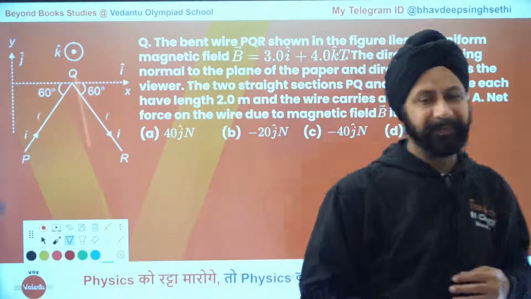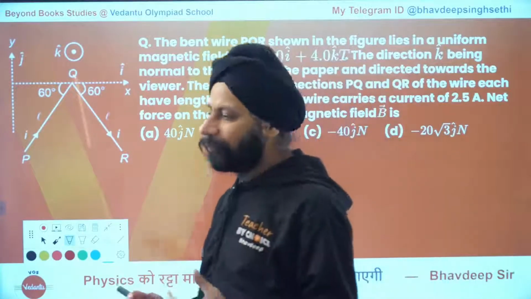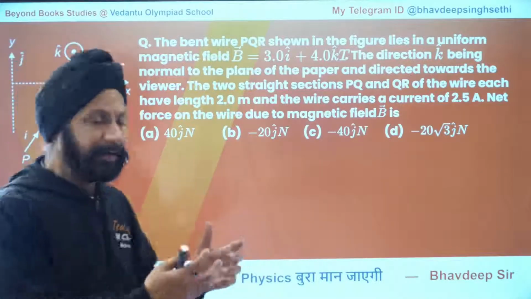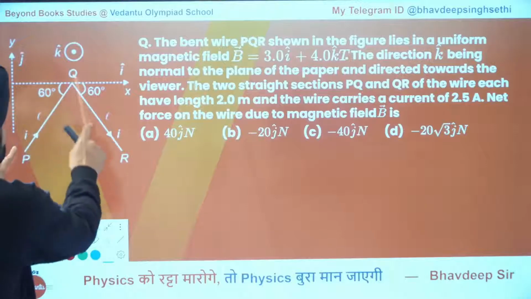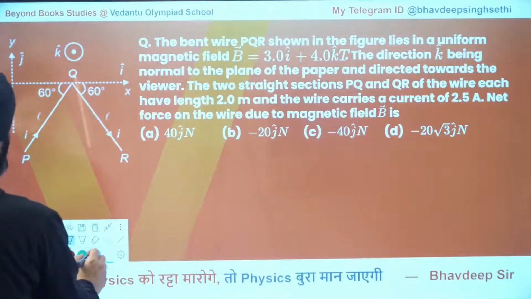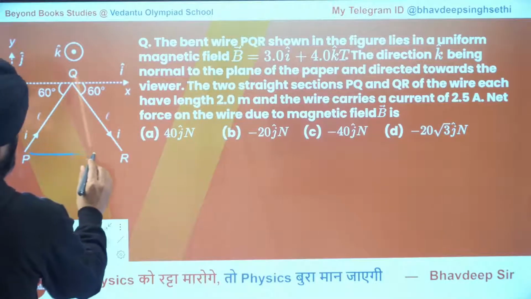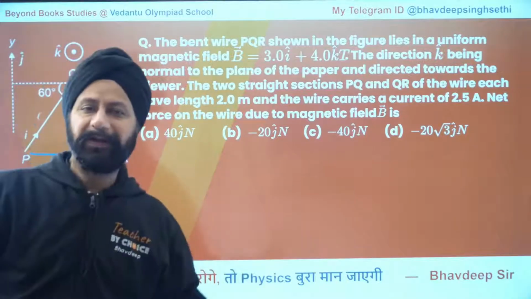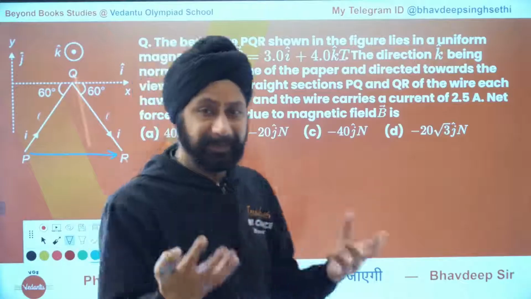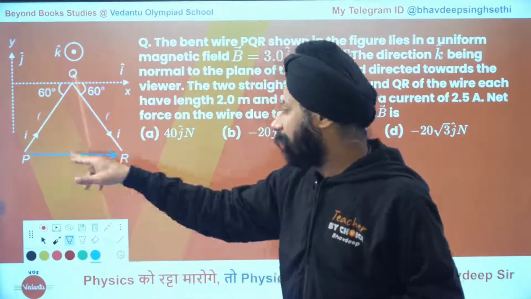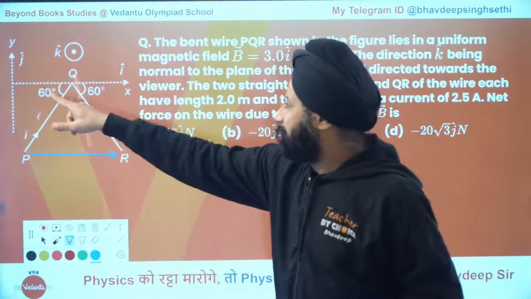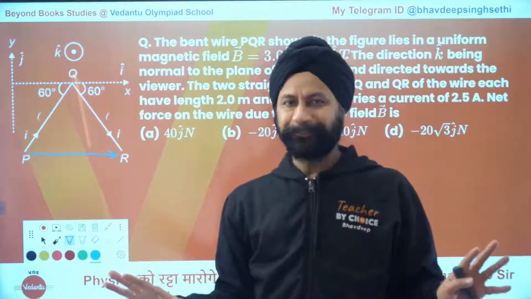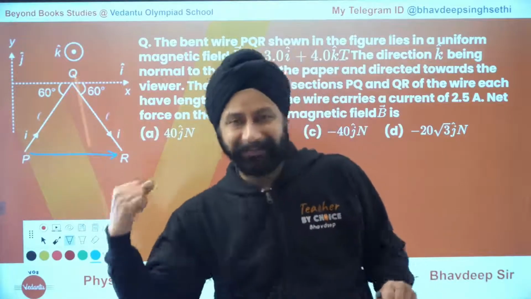Now the problem is many students who don't go conceptually would not have understood the fact that this can be treated as an equivalent wire of this. The equivalent length of this can be treated like this. And why did I do that? First, let's understand conceptually, because if I do that, I know this magnetic field of 3I is not going to affect it because that's parallel to that.